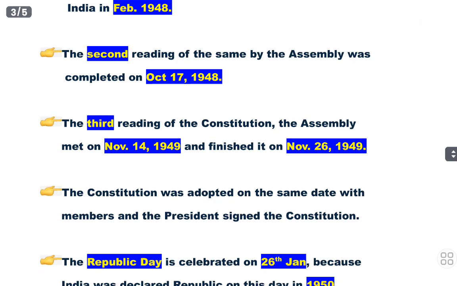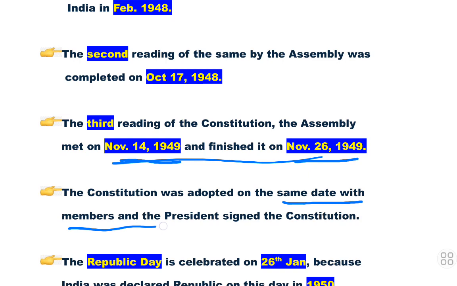For the third reading of the Constitution, the Assembly met on November 14th, 1949, and finished it on November 26th, 1949. The Constitution was adopted on the same date, with members and the President signing the Constitution.